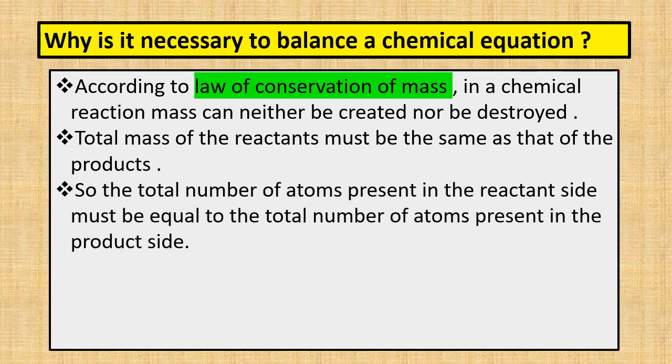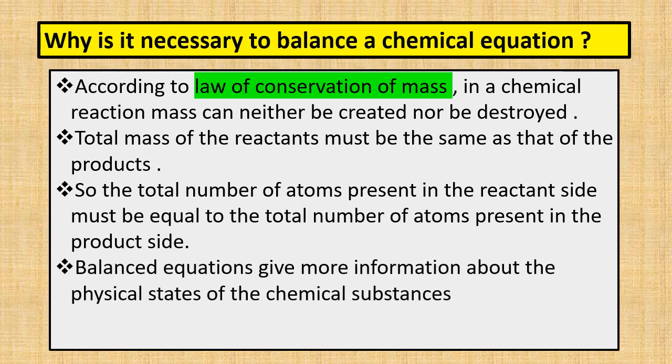So the total number of atoms present on the reactant side must be equal to the total number of atoms present on the product side. If you balance a chemical equation, then it adds so much information, like physical states such as solid, liquid, gas or aqueous state. So all this information is added in the balanced chemical equation.